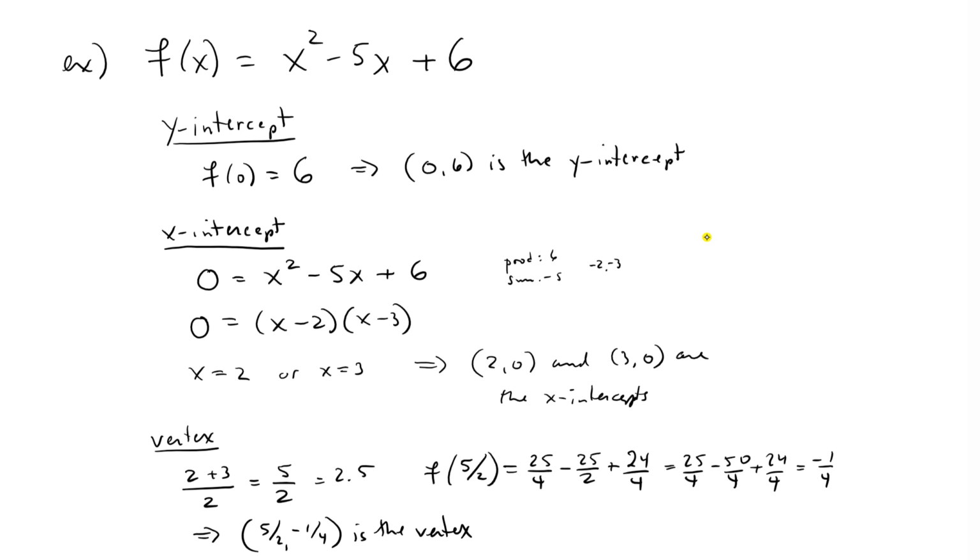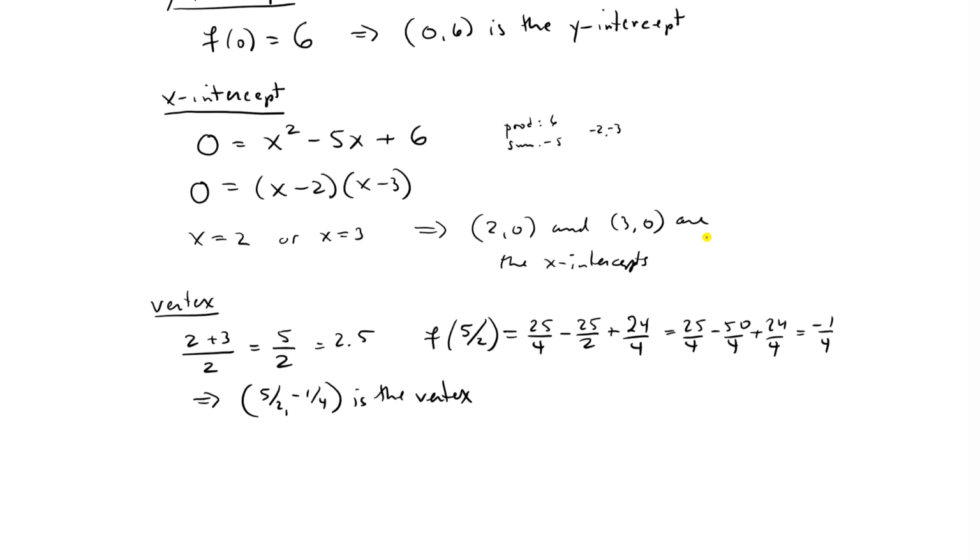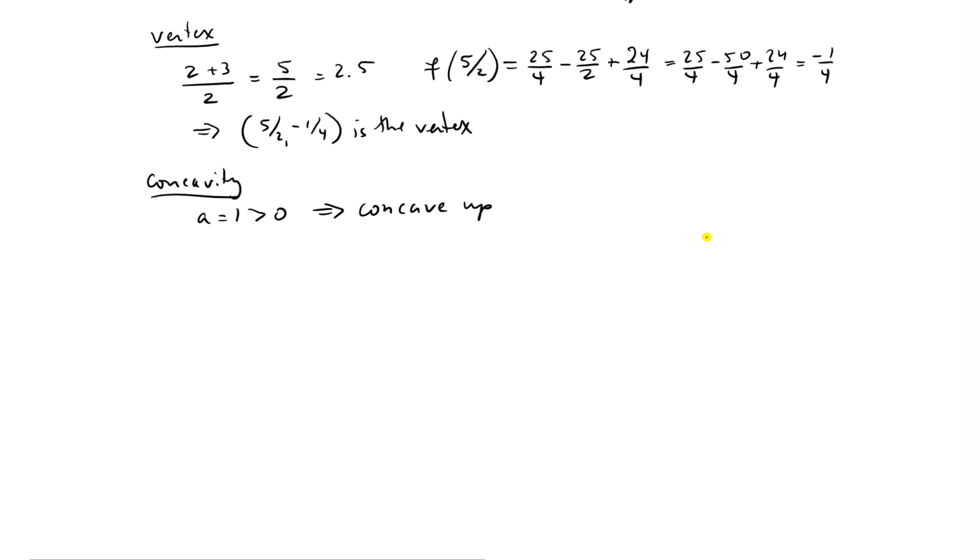Concavity: the coefficient of x squared is 1, so a is 1, which is bigger than 0, which means that the graph of the function is going to be concave up. And we're ready to sketch that graph.